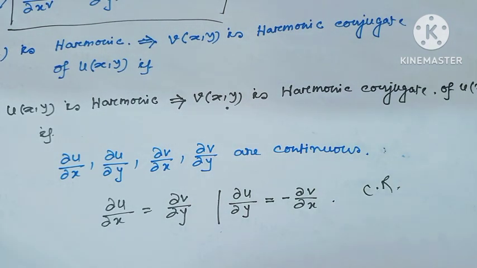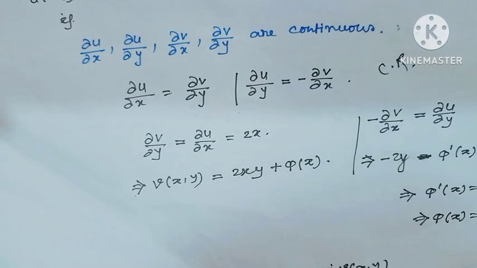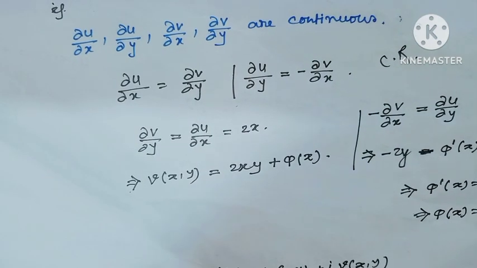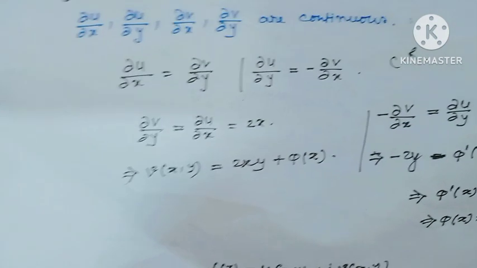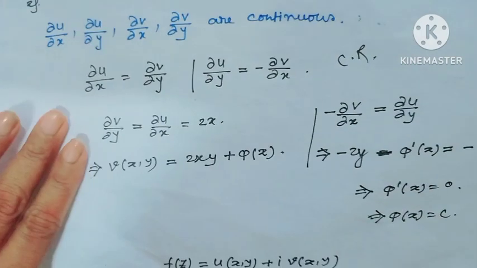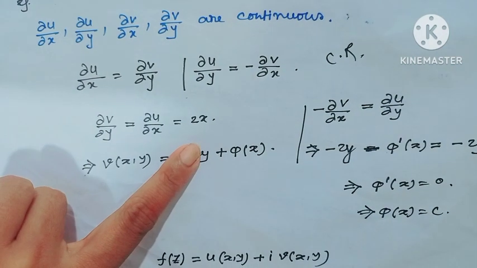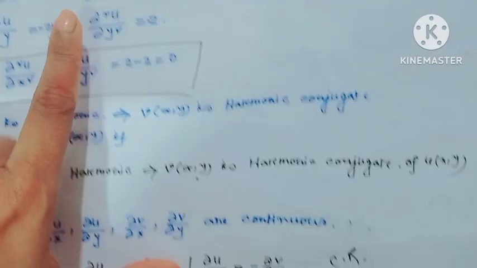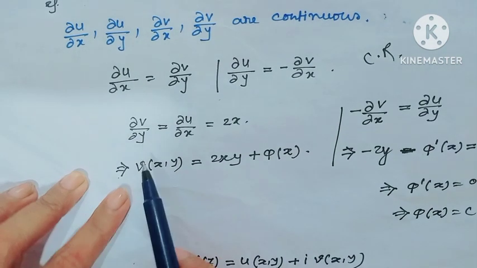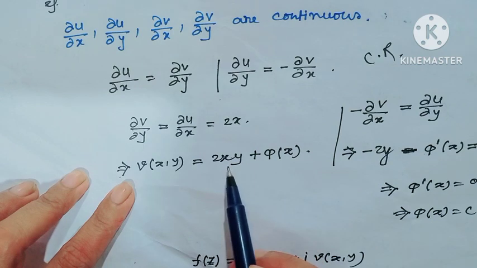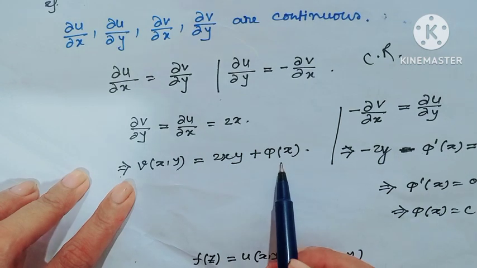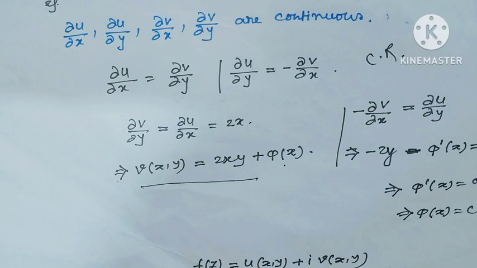Since it satisfies the CR equations, del v del y equal to del u del x, and I have got del u del x equal to 2x. Therefore, v(x,y) equal to 2xy plus phi(x). This is the v(x,y).